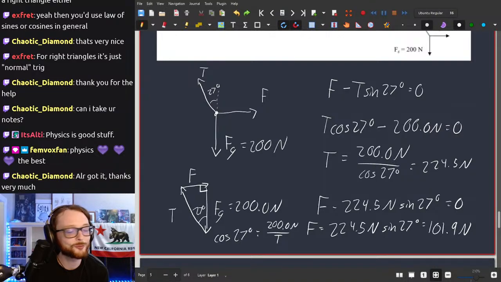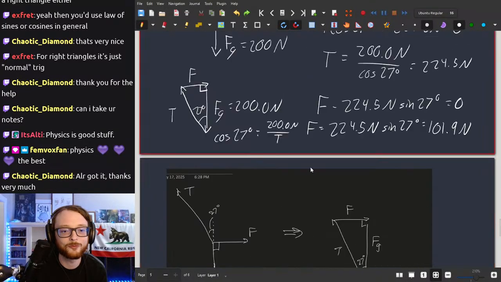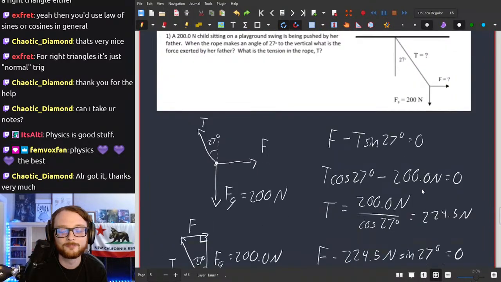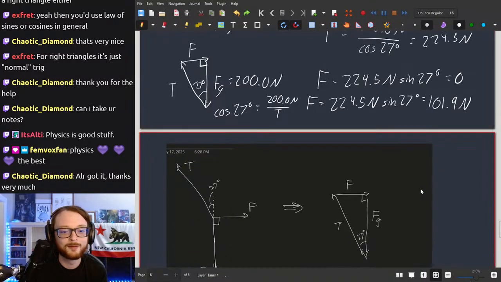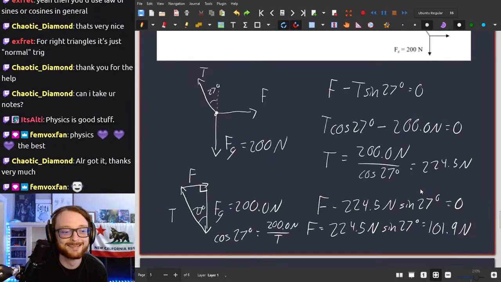Ooh, that gets 3 hearts from Fembox. I like this Fembox rating system because usually you just put 1 heart for most subjects. I know.